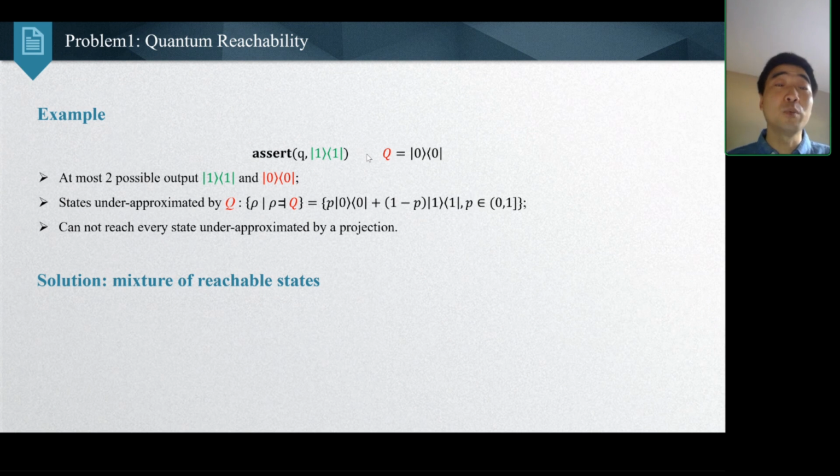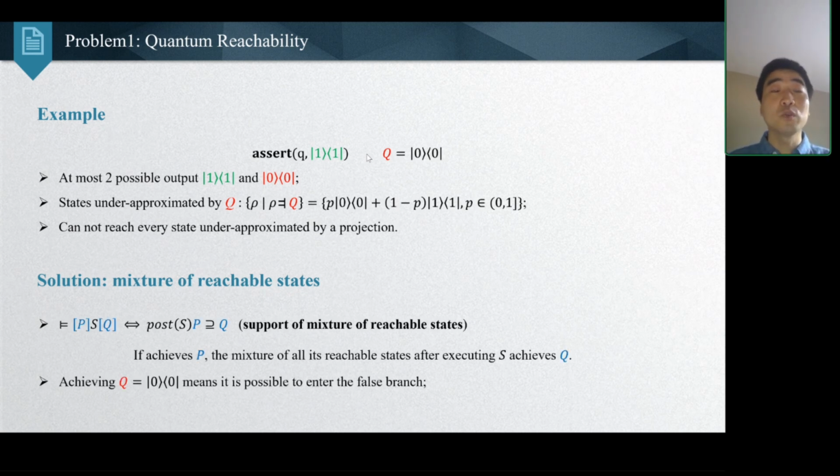It at most has two outputs, like 0, 0, 1, 1 in a sense. So the state under approximation by Q is all rho such that rho can be written as P0, 0 plus 1 minus P1, 1 for any P greater than 0.